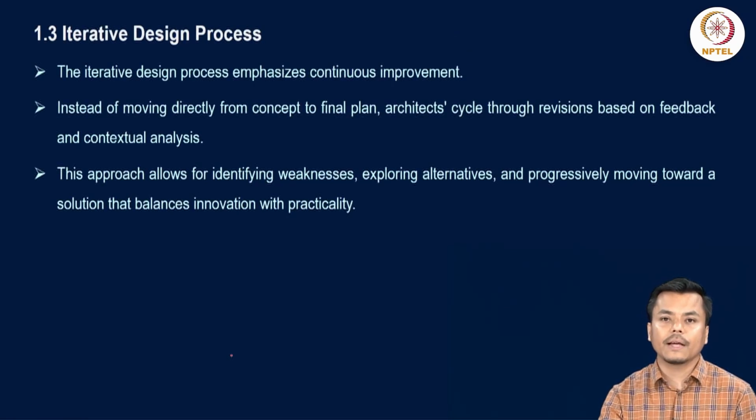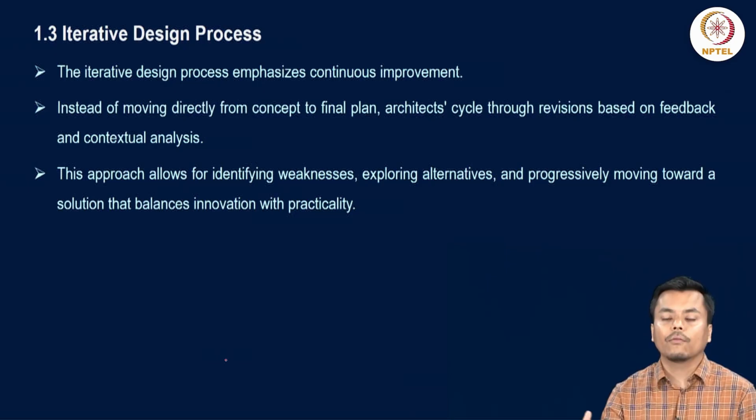Then the iterative design process that is included while formalizing the double line floor plan. The iterative design process emphasizes continuous improvement. Instead of moving directly from concept to the final plan, architects cycle through revisions based on feedback and contextual analysis. So it is an iterative process.